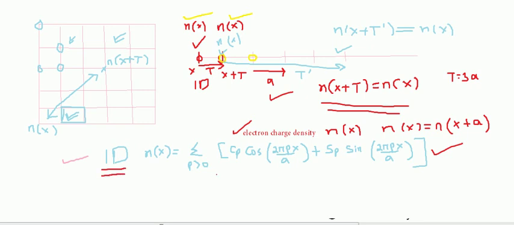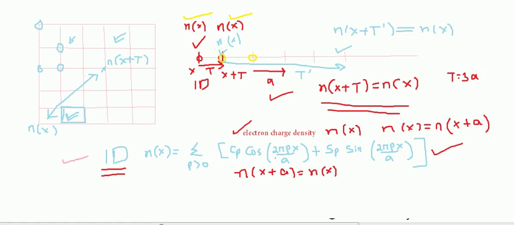Now you can see that n of x has been represented in Fourier expansion, and you can easily check that if you do n of x plus a, a translation of a, then you will find the same electron density. So you will get n of x. This is the requirement that the crystal lattice has asked for, because the very definition of crystal lattice says that things should be periodic. So this is the 1D case.